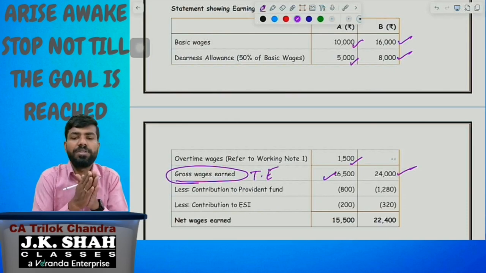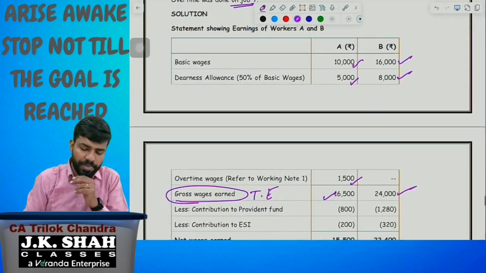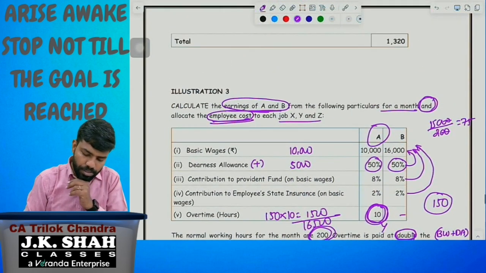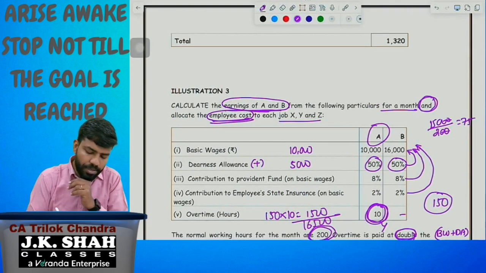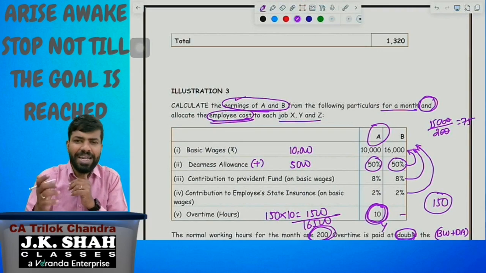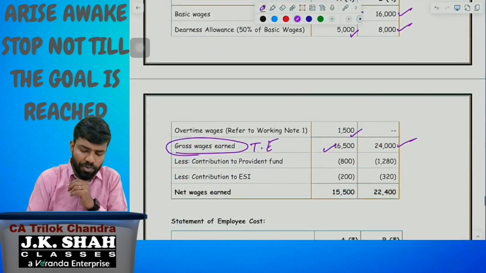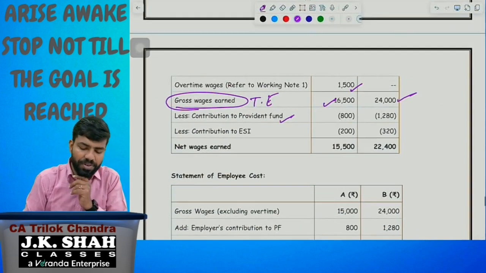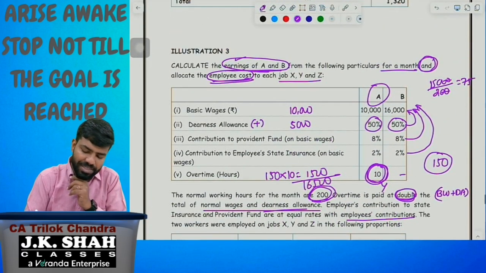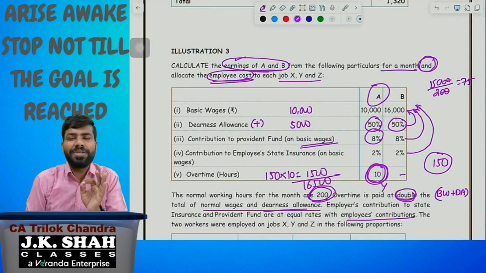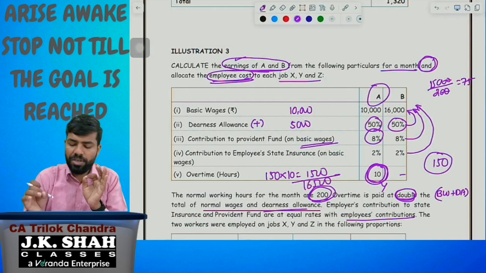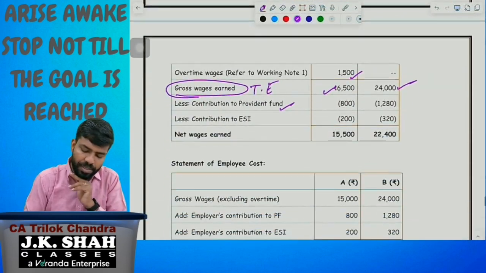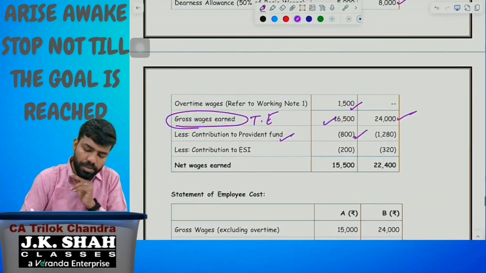All of you clear about this? Understanding? Okay, now they're also presenting net earnings. How to calculate net earnings? Less contribution to PF. How to calculate PF? Look here. 8% of the basic wages. 10,000 into 8%, 800. 16,000 into 8%, 1,280.